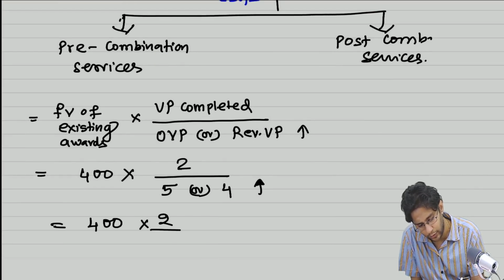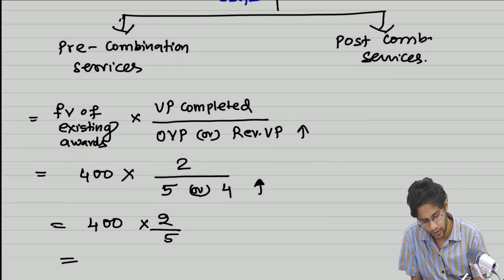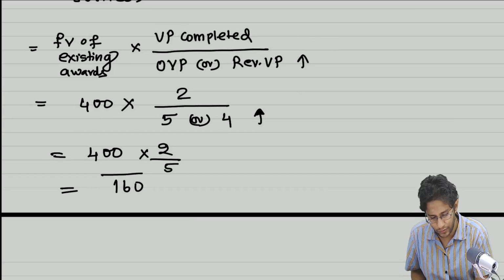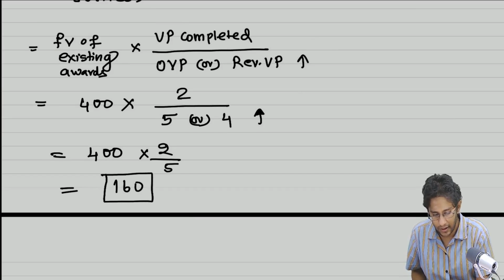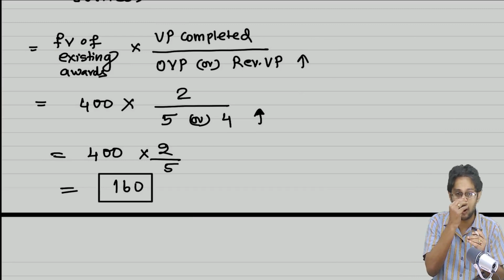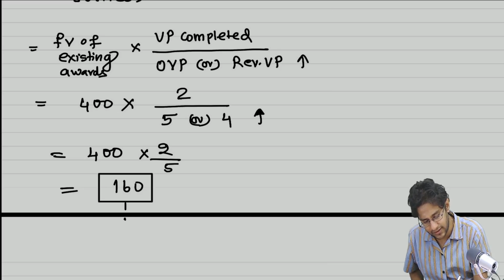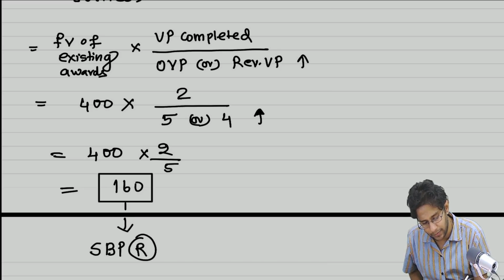So 400 into 2 by 5 is 160. Our standard says this 160 is the value of services obtained up to the date of acquisition, and up to the extent of this amount, create an SBP reserve on the acquisition date.